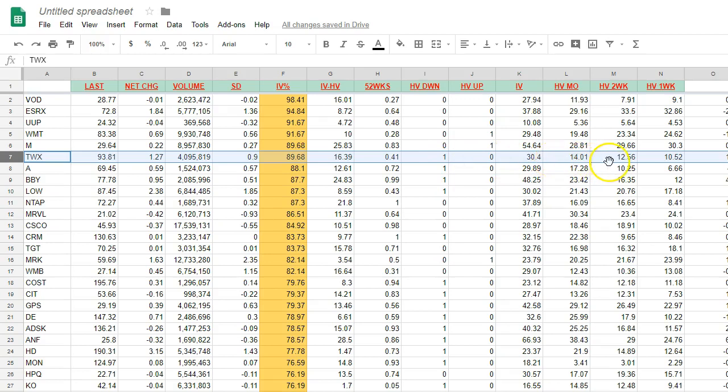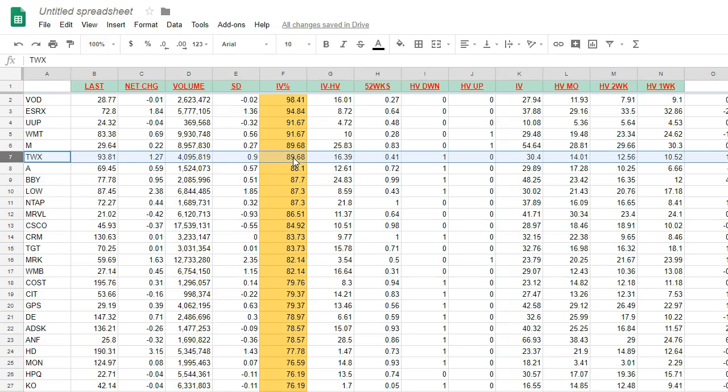Monthly is higher than 2 week, 2 week is higher than 1 week, so it's sloping down, and the implied volatility tends to follow. It helps you in your trade when the volatility shrinks as you hold on to your position. It's roughly about 90% of its own percentile, its own range.